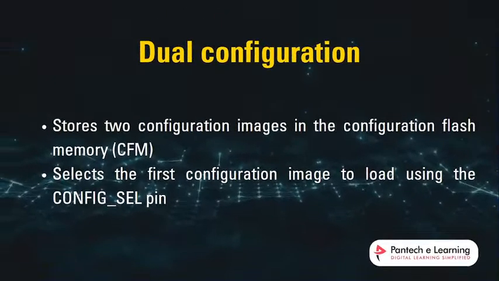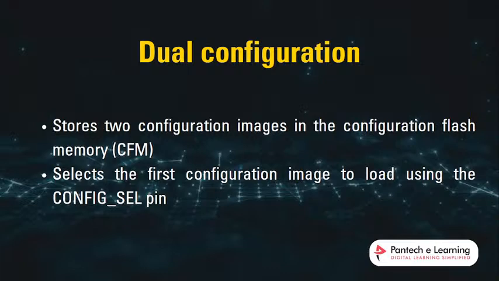And coming to the dual configuration, our FPGA has dual configuration, which is a kind of memory. It has two images, image 1 and image 2, CFM1 and CFM2. It means you can dump the code in the two parts of the memory in the FPGA.